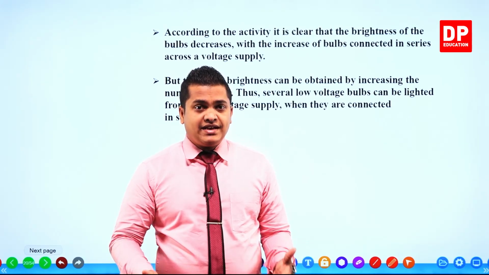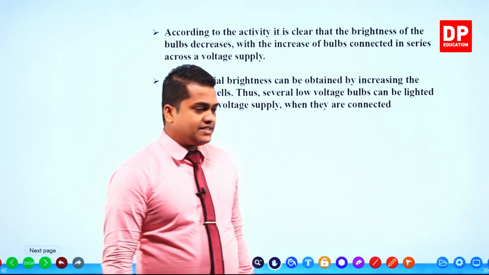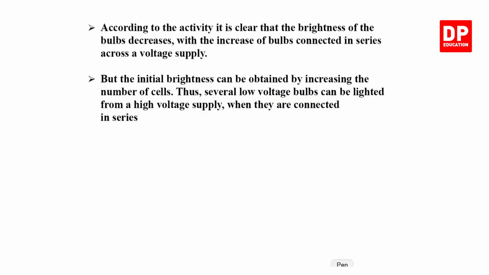The voltage is getting divided. Let's take several bulbs like this. All of these bulbs are the same in all aspects. Let's consider the maximum voltage that they can hold.